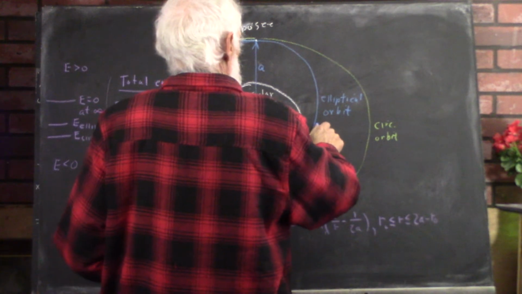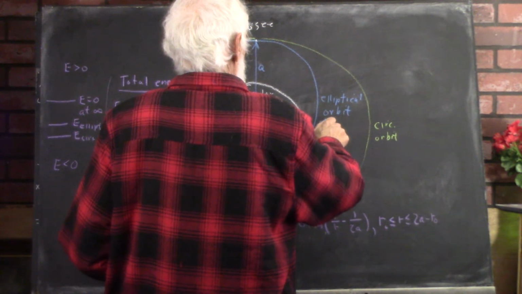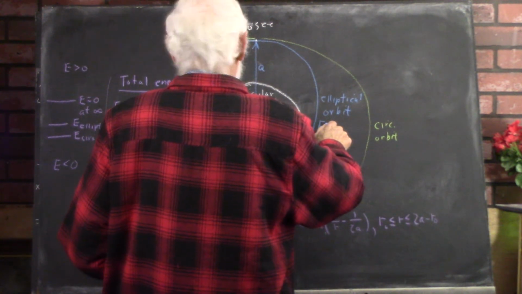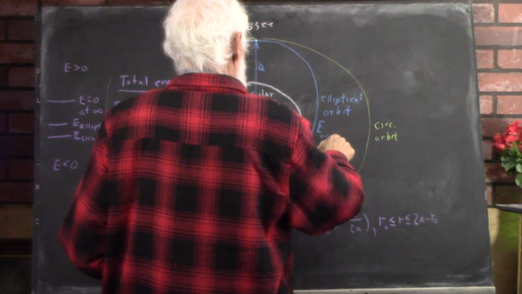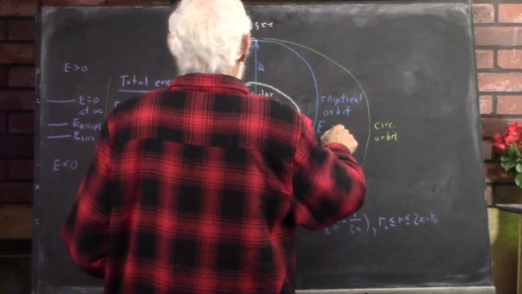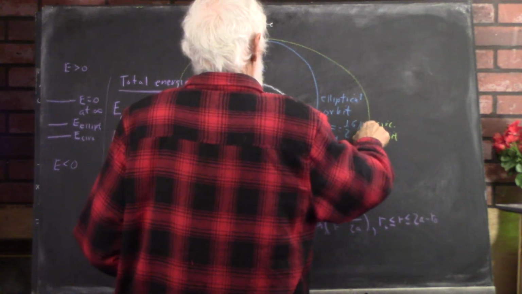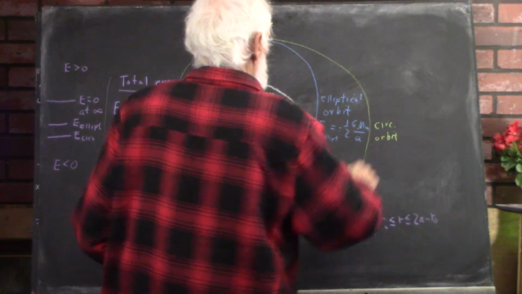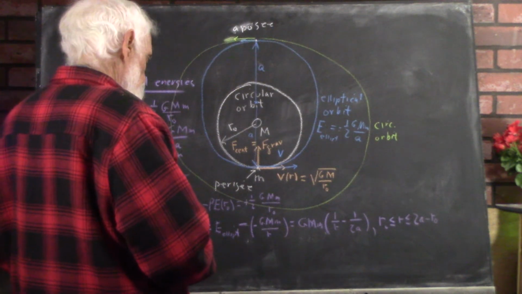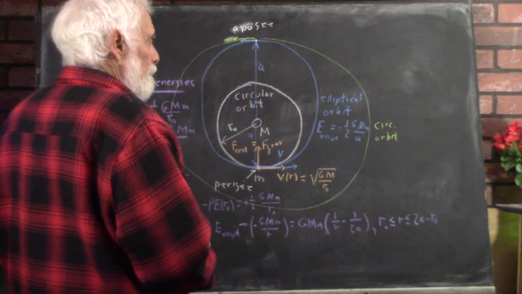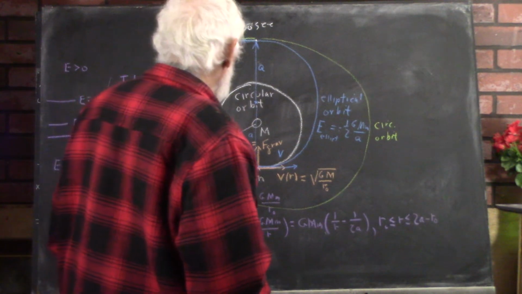Okay, this elliptical orbit, again, total energy, -1/2 big G, big M, little m over a.